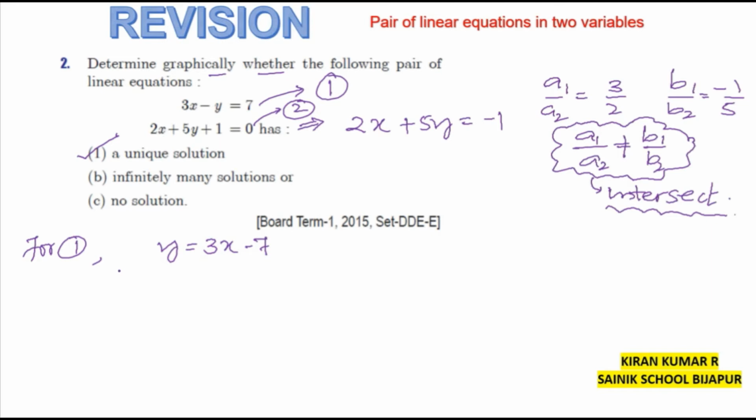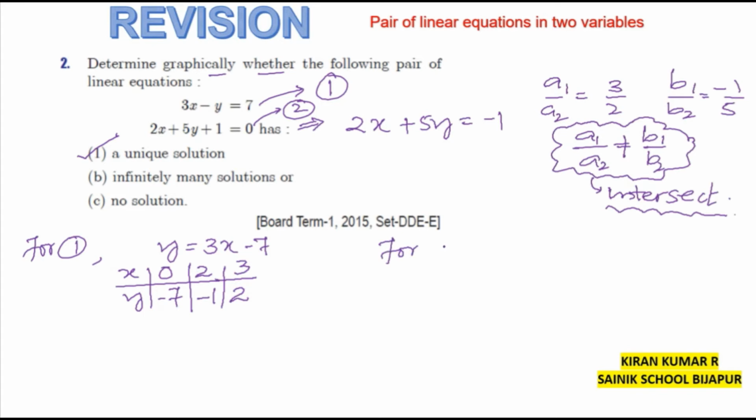Let me find the values of x and y. When the value of x is taken 0, the value of y becomes negative 7. When the value of x is taken 2, the value of y is negative 1. When the value of x is taken 3, we get positive 2. That is for equation 1.